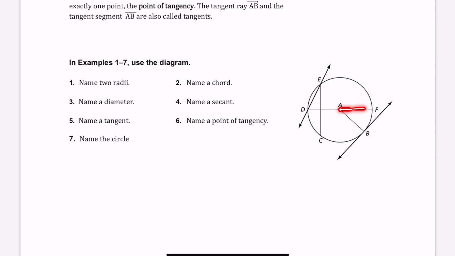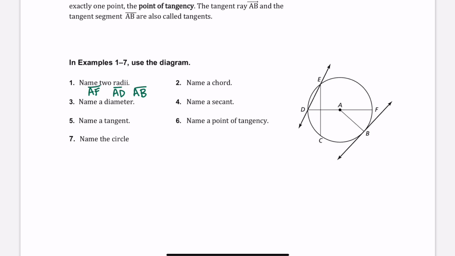We could say AD is a radius. We could also say AB is also a radius. So those are 3 radii. It just says name 2, but that's 3.